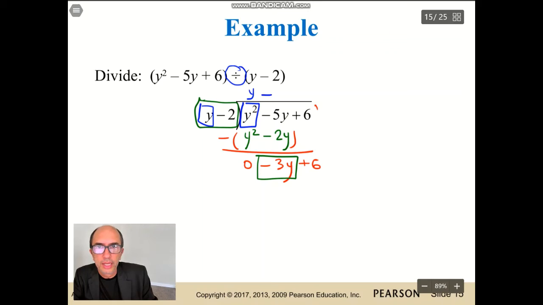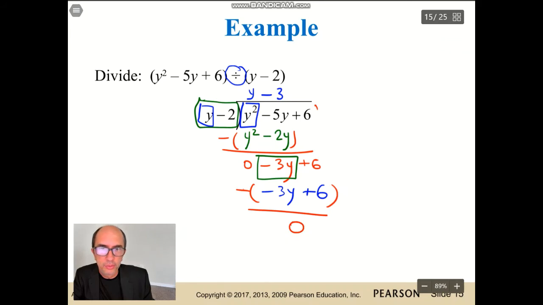This will result in negative 3. Multiply negative 3 by the whole thing. Negative 3 multiplied by y, negative 3y. Negative 3 multiplied by negative 2 is positive 6, right? If you subtract, then you have 0, no remainder.